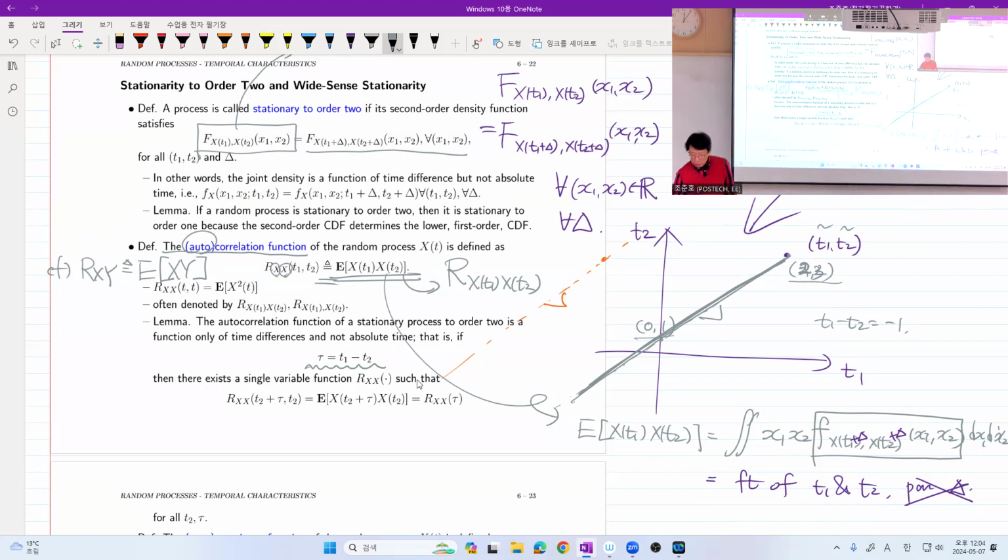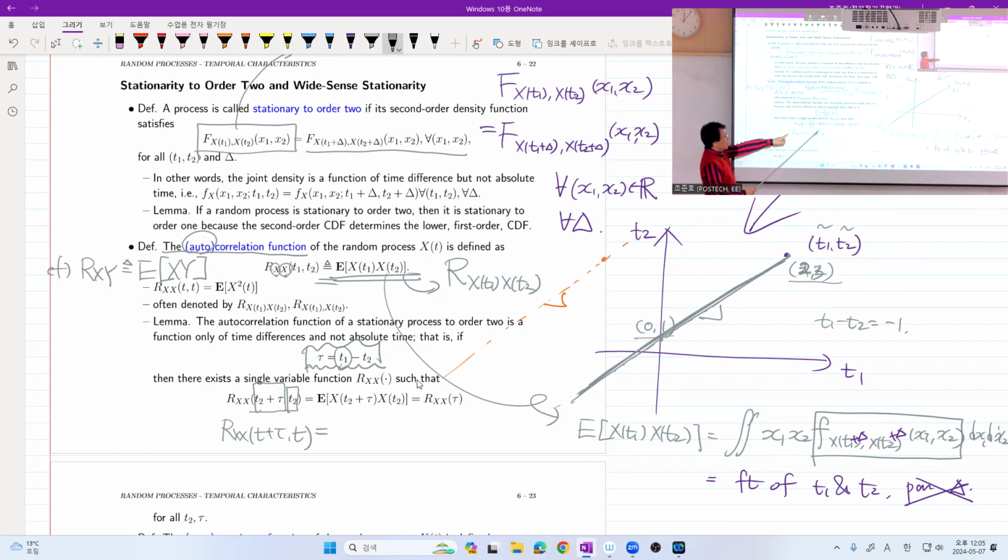So we introduce this time difference and use it here like this. So you fix T2 and you replace T1 with what? T2 plus tau. Or you may just write, let me use T plus tau and T. Got it? So it's a kind of change of variable. Instead of having T1 and T2, you have T and tau. Got it? And this tau corresponds to the offset, right?